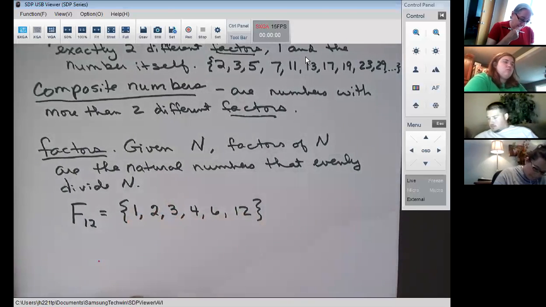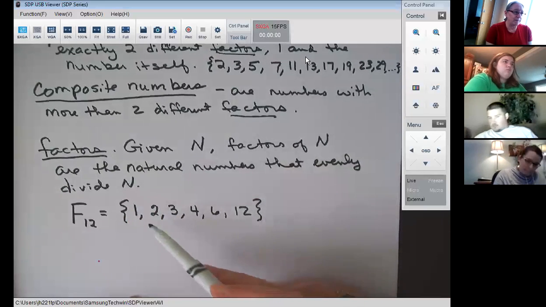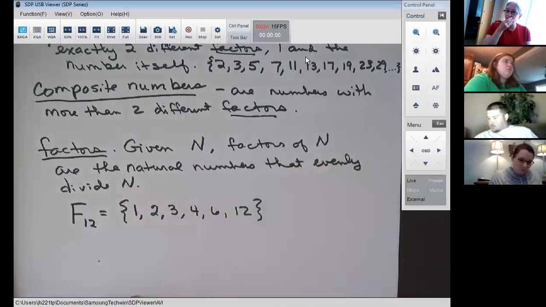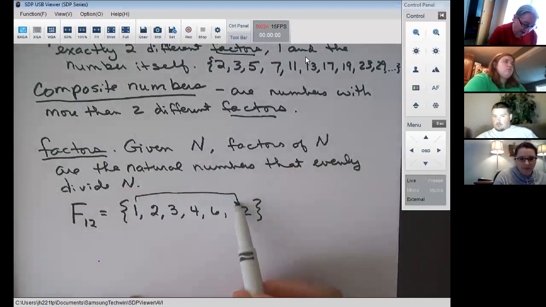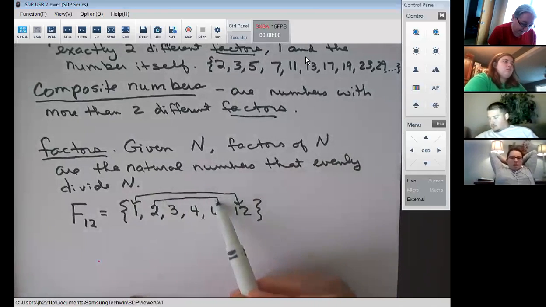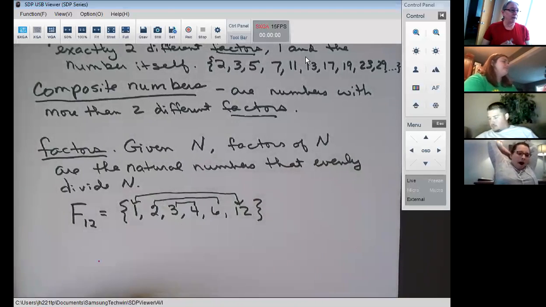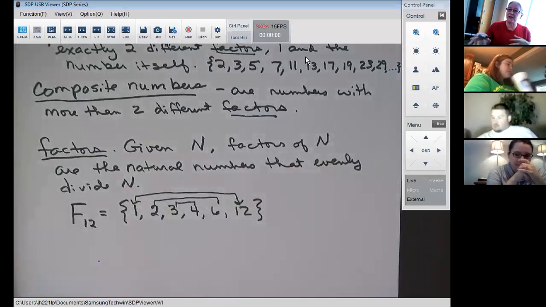All right. Also notice that they sort of come in pairs. I always like to list my factors in order from smallest to largest so that everybody's list sort of looks the same. But you can also notice that 1 times 12, 2 times 6, and 3 times 4 are factor pairs that give 12 as the product. So as you're looking at your list, make sure that all of the factors in your list have a partner, unless it's a square number.